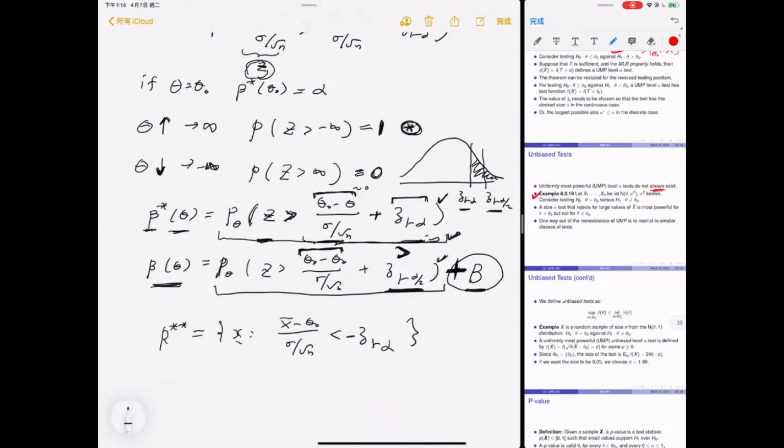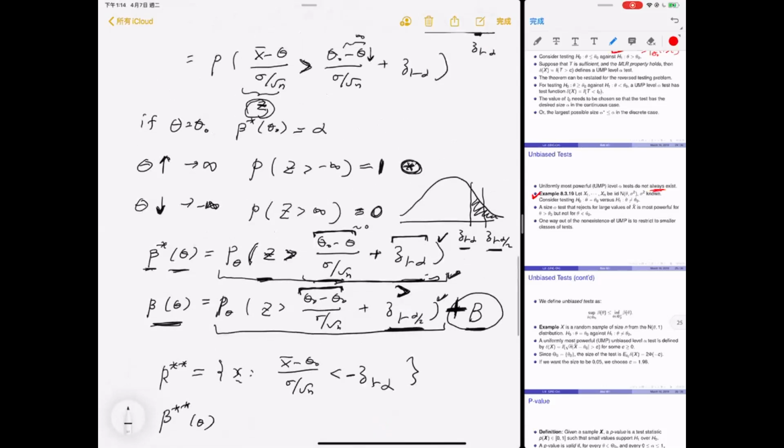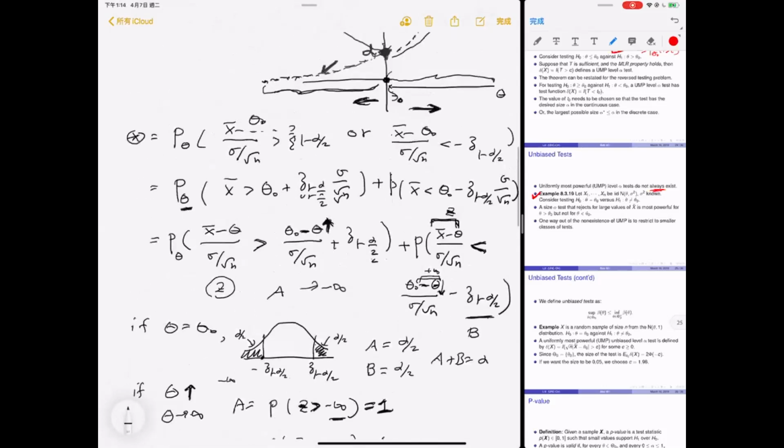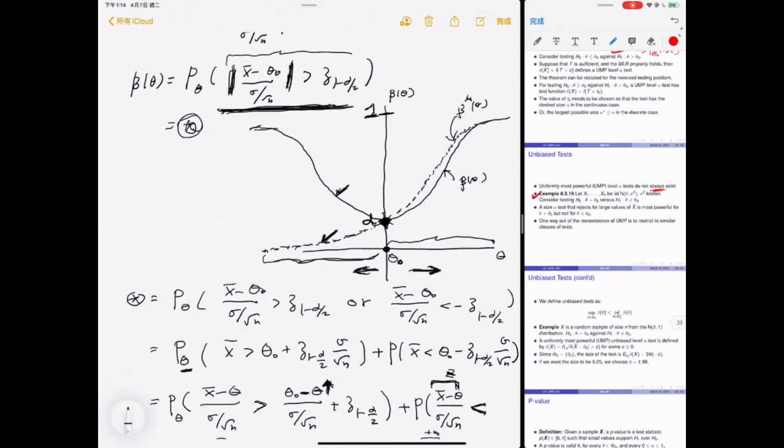For this other lousy test I'm not going to repeat it, but you're supposed to know how to draw beta star star theta as a power function. It's not surprising that for this other lousy test, the power function looks like this: when theta gets bigger, the power decreases.